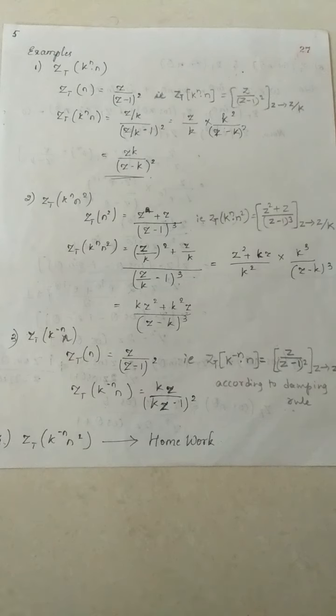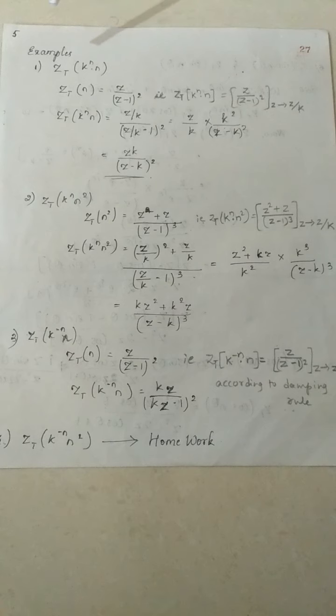Now let us solve examples on damping rule. First example, let us find z transform of k to the power n into n. Now this is of the form z transform of a to the power n into un. Here in place of a we have k and in place of un we have n. So let us apply damping rule and solve this.